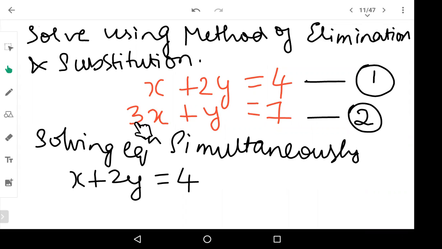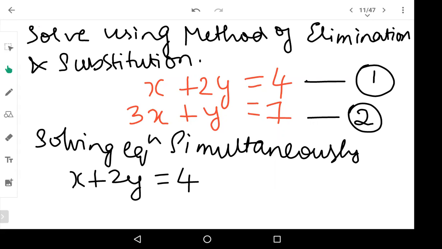I've got one answer. Equation 2 into, what should I multiply for equation 2? Anusha already gave me the answer also. y is equal to 1. Okay, good. Equation 2 into 1.